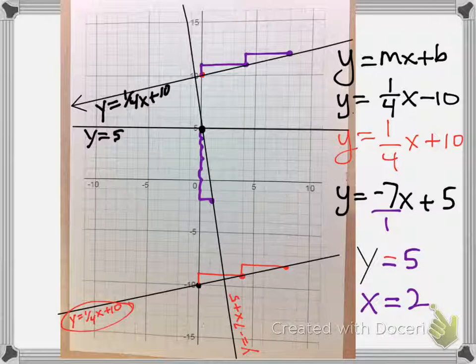And then I'll do x equals 2. That's a vertical line that goes through 2. And there we go. So that's what you do, guys, and I'll show you an example of some nice work in 1 second.